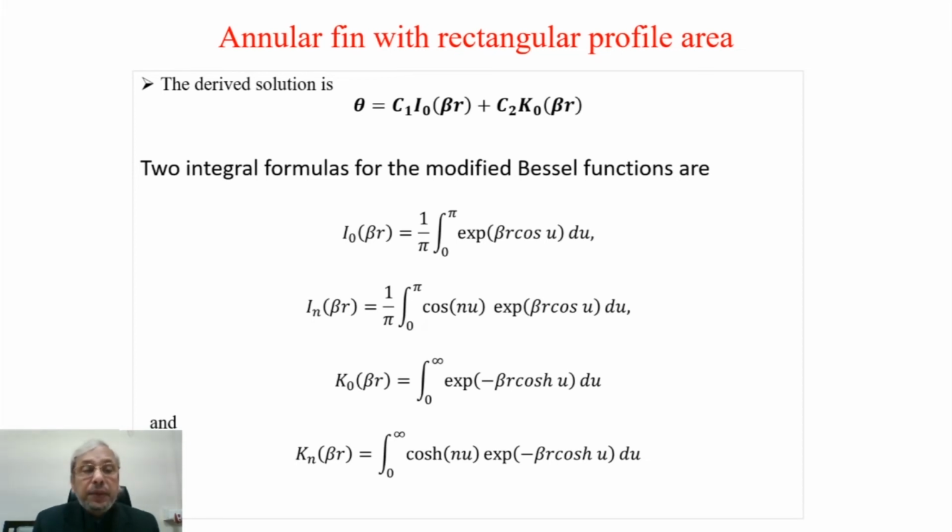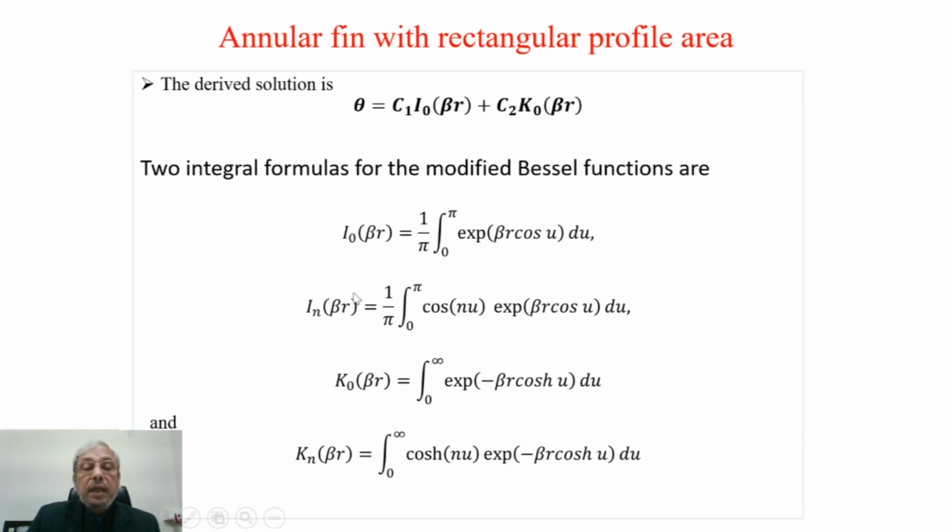So, two such integral formulas for modified Bessel's functions are I naught beta r equal to 1 by pi, integral 0 to pi of e to the power beta r cos u du, and the general I n beta r is 1 by pi integral 0 to pi of cos nu exponential beta r cos u du.